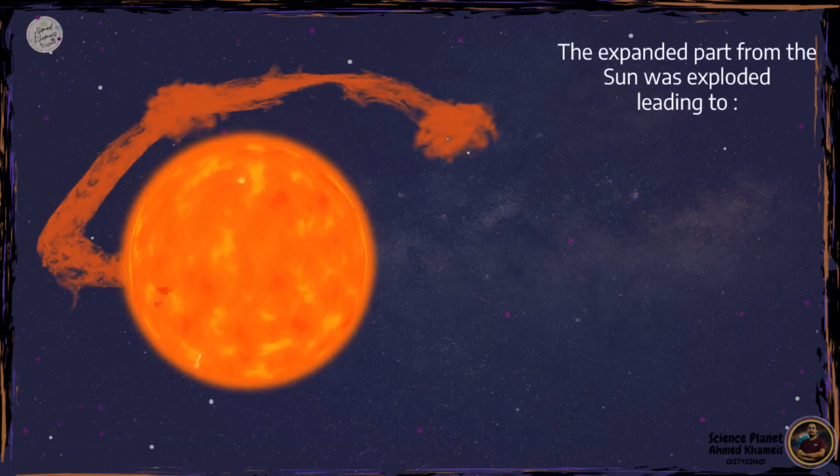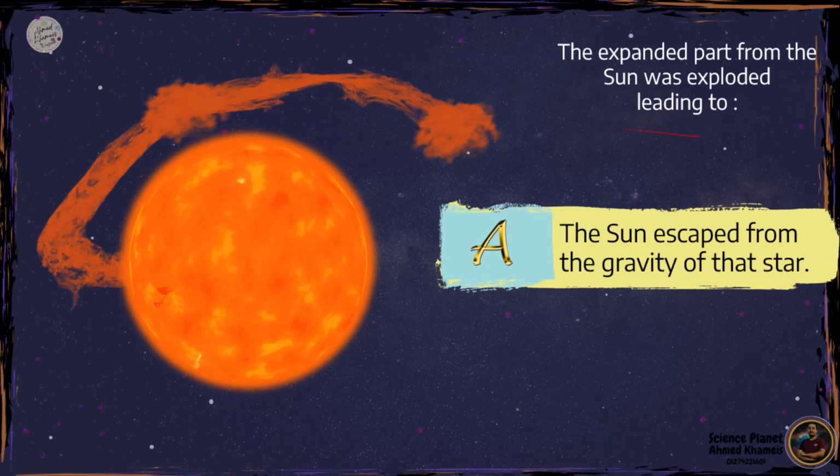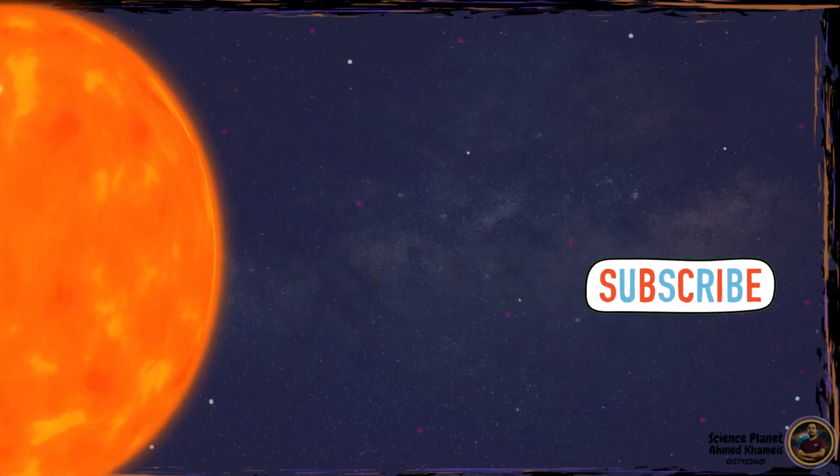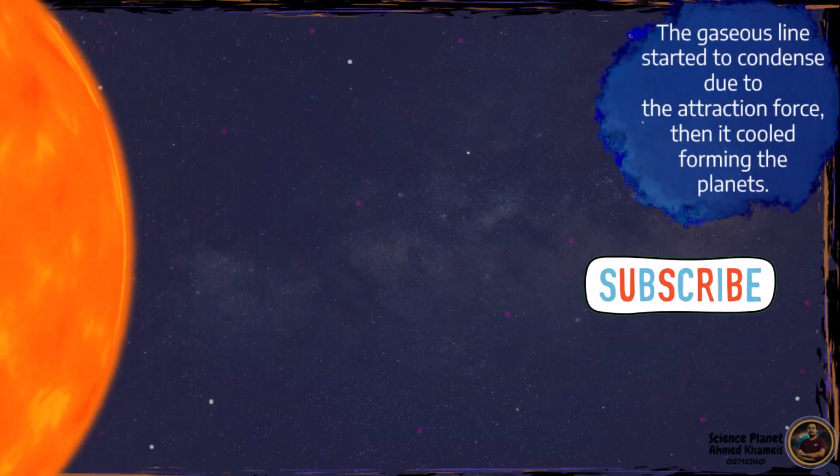The expanded part escaped the gravity of the sun, and a gaseous line of great length was formed from the sun out to the last planet, which would be formed later. The gaseous lines started to condense due to the attraction force and cool down, forming the planets.